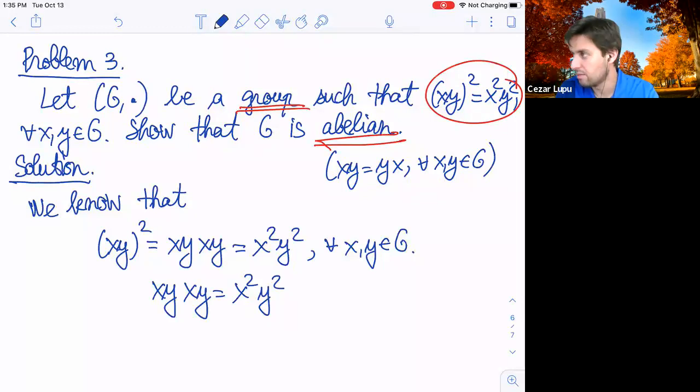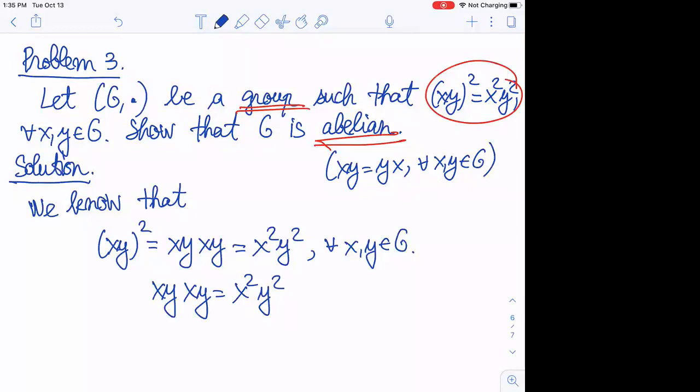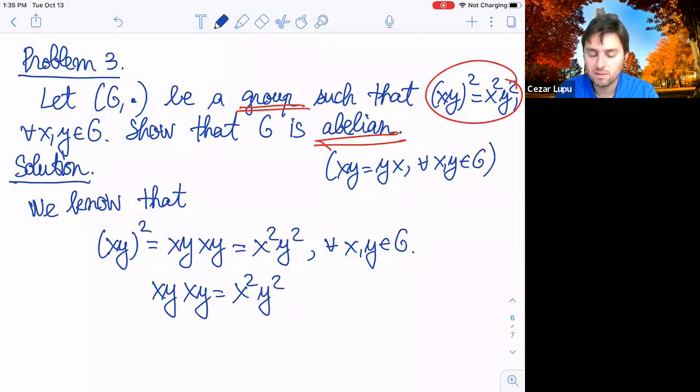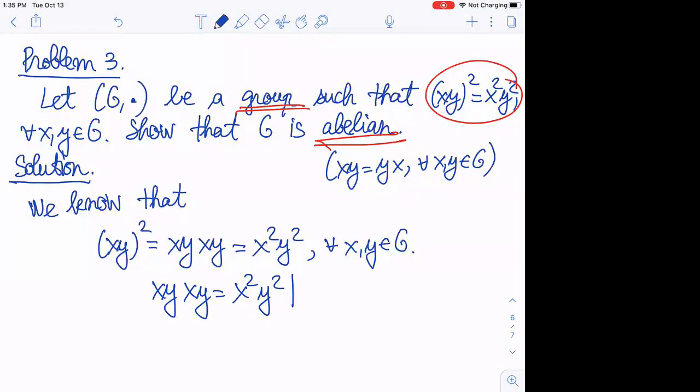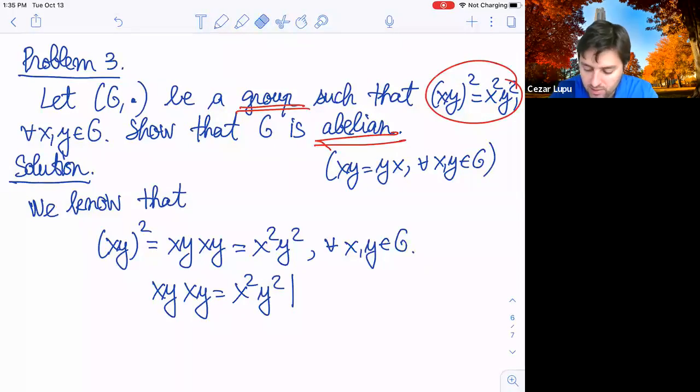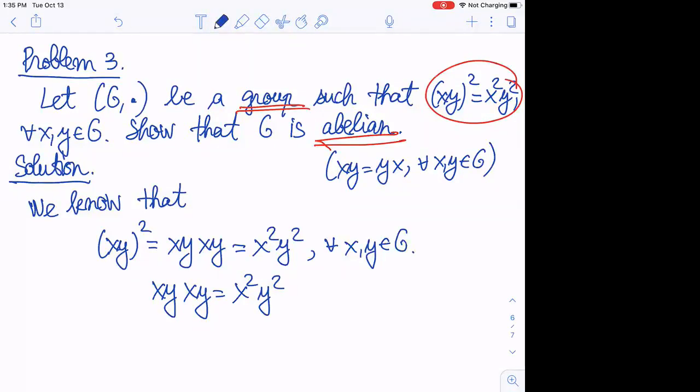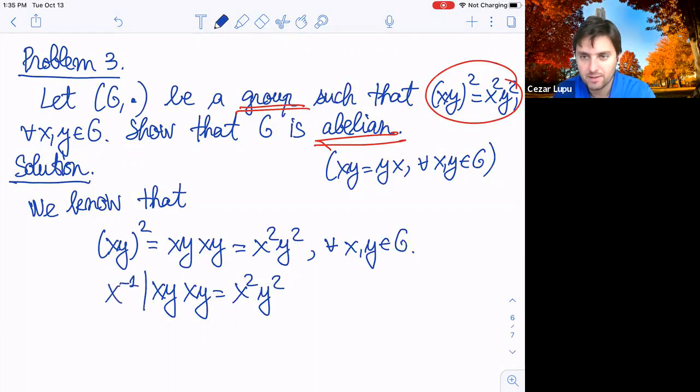You said y, you multiply by the inverse of y on the right side. Okay, yeah, we can do this, it's the same thing as Jack said. All right, so we have.